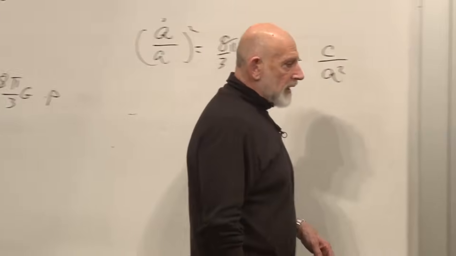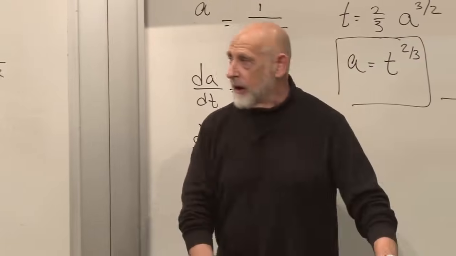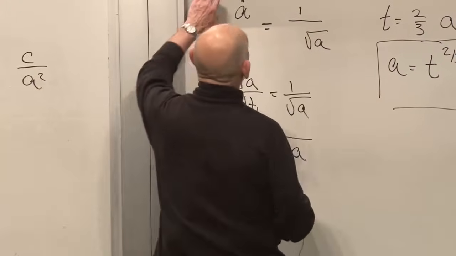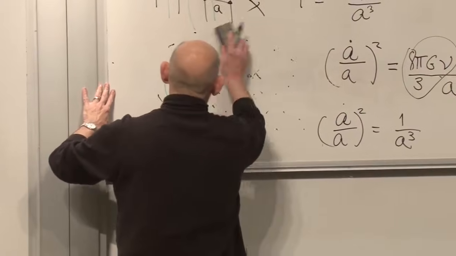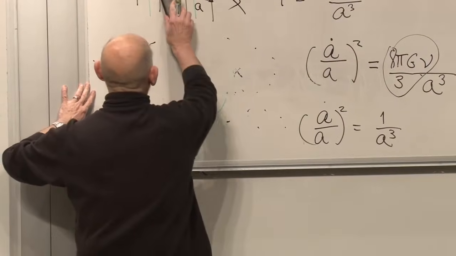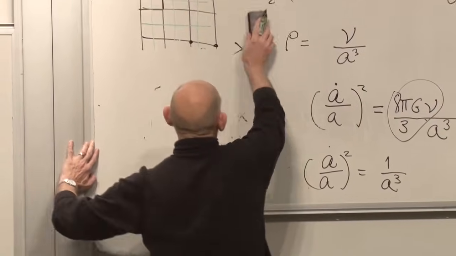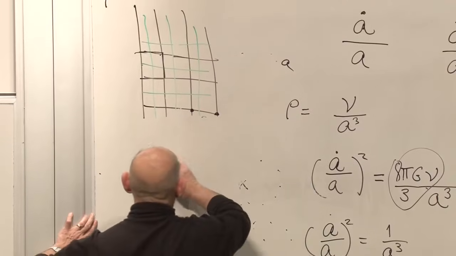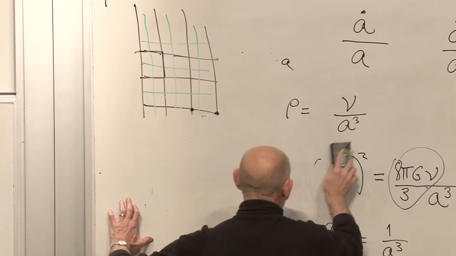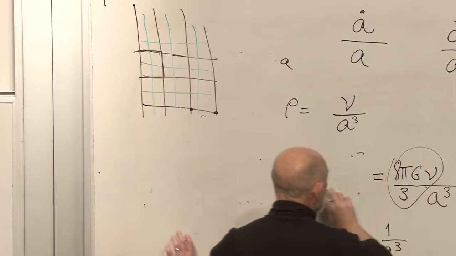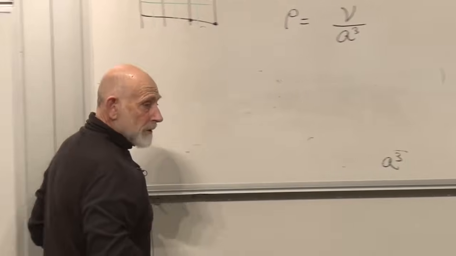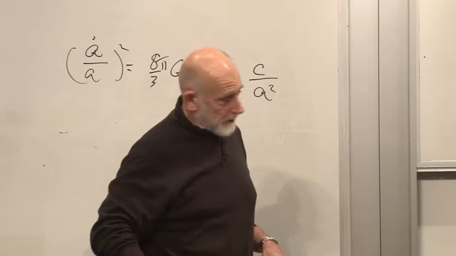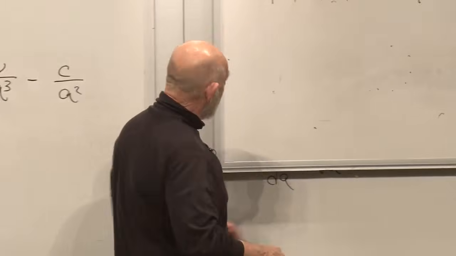All we have to do is think about a box. A box now, the box just corresponds to a unit cube in the grid here. Take 1 unit cube of the grid. It has a volume of A cubed. Let's suppose it has a certain number of photons in it. Now, photons have a wavelength.